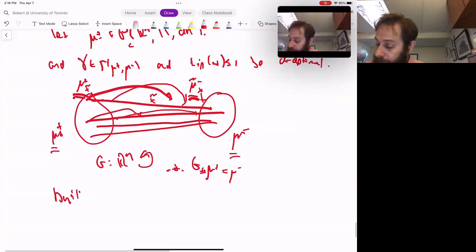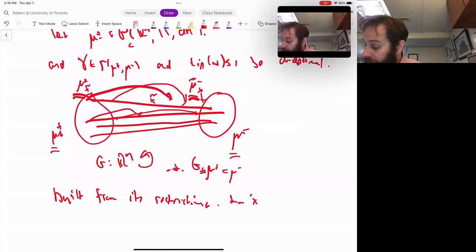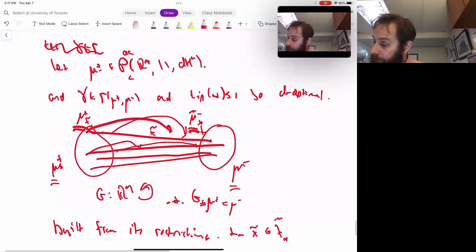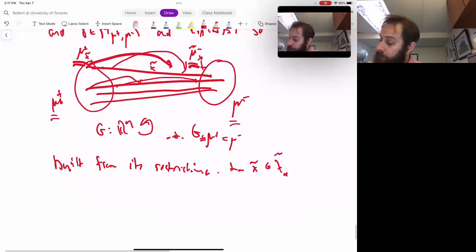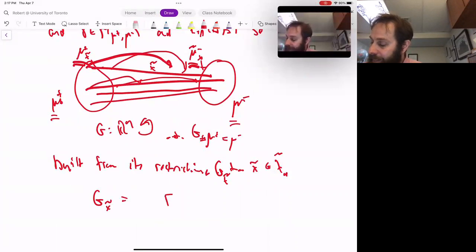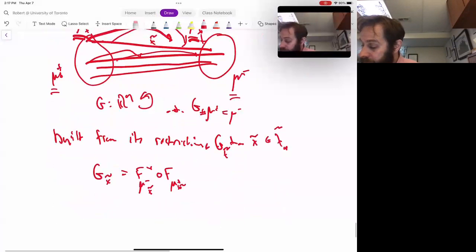built from its restrictions to x tilde, and the restrictions are, let's call the restrictions g x tilde, and the restrictions g x tilde are basically given by F mu x plus composed with F x tilde minus x tilde inverse, where these are the cumulative distribution functions.